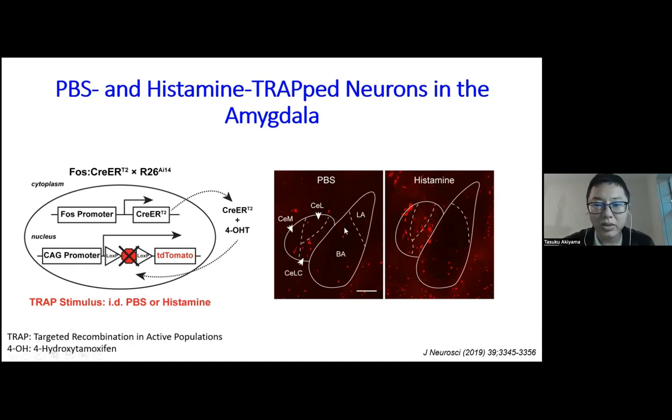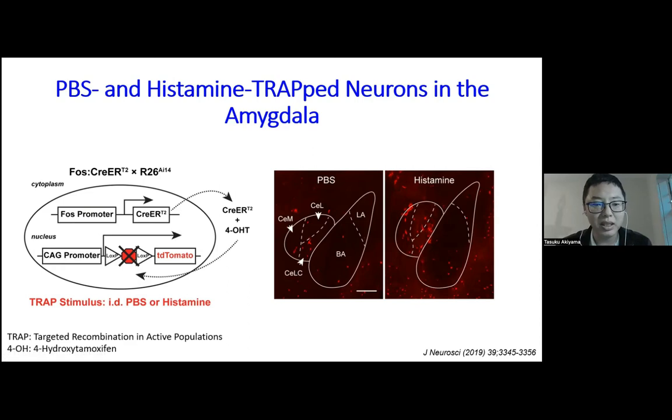So here we show that after PBS and 4-hydroxytamoxifen injection, we see some red signal. This is due to the tdTomato expression.